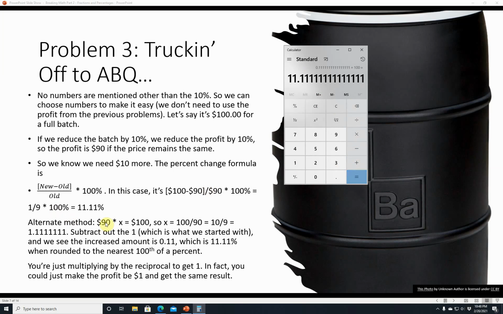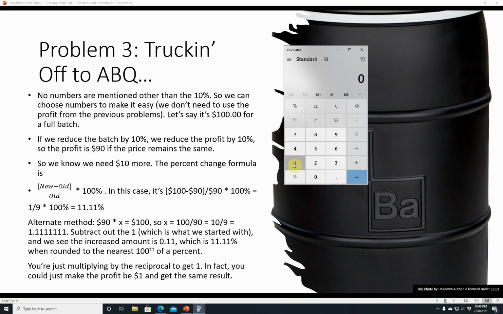And the alternate method is we can just go 90 times x equals 100. So therefore x has to be equal to 100 over 90, 1.1111111111, and so then we subtract out the 1. Oops, made a mistake there.